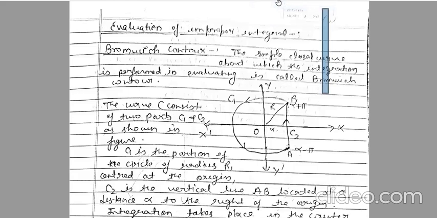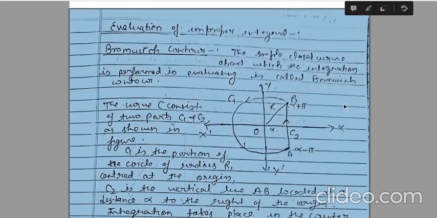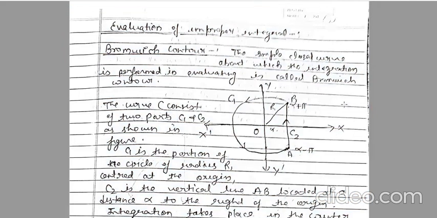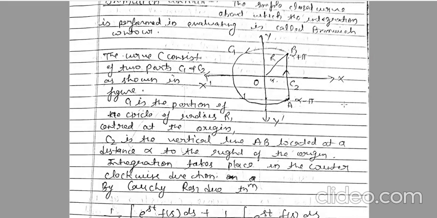Bromwich contour: the simple closed curve about which the integration is performed in evaluating is called Bromwich contour. Actually we should have a closed curve, and the curve C consists of two parts, C1 and C2, as shown in the figure.